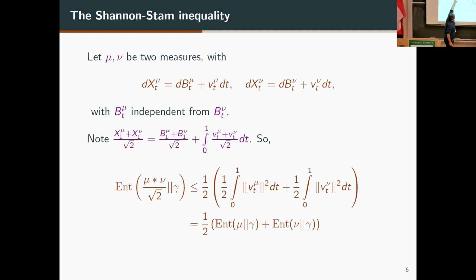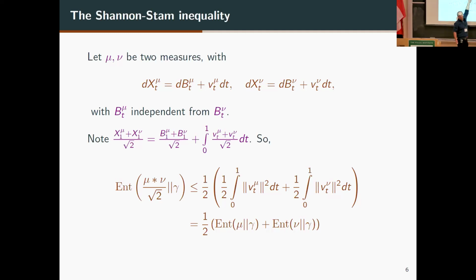That thing is simply equal to, on one hand, the convolution of the Brownian motions, which is again a Brownian motion. And on the other hand, it's an integral over the convolution of the drifts. But the point is that that is still a process. It is adapted with respect to the joint filtration of the two Brownian motions. At time 1, it has exactly this scaled law of the convolution of mu and nu.